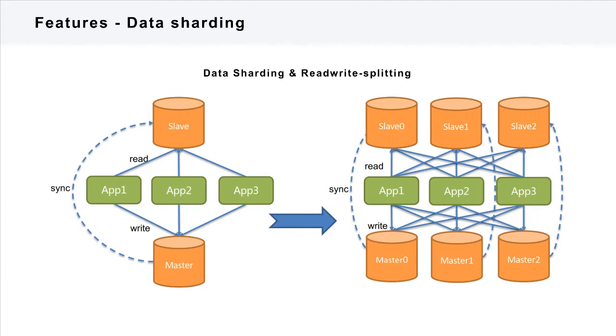The primary database is responsible for the addition, deletion, and modification, while the replica database is responsible for queries. It can significantly improve the query performance of the whole system.